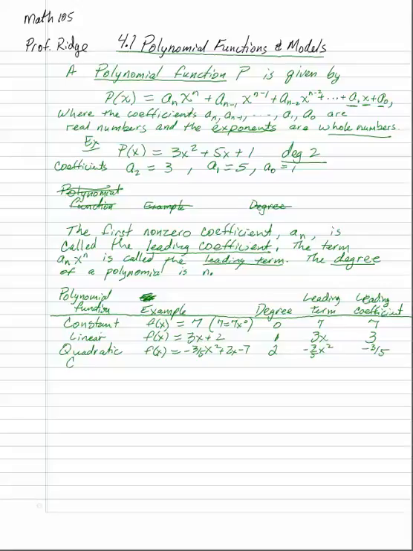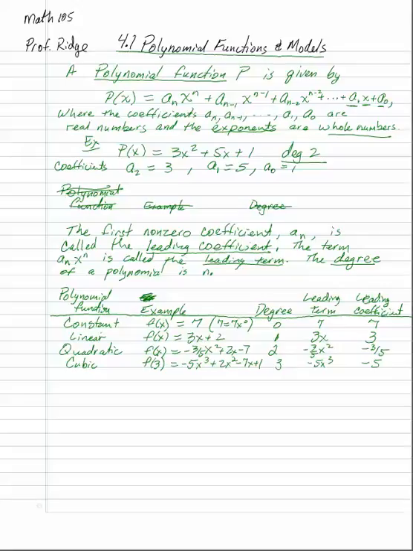Then we have a cubic polynomial, so that's degree 3. So minus 5x cubed plus 2x squared minus 7x plus 1. The leading term is negative 5x cubed, and the leading coefficient is negative 5.